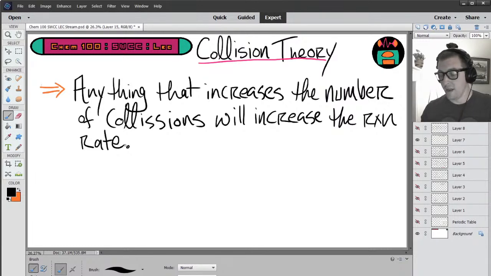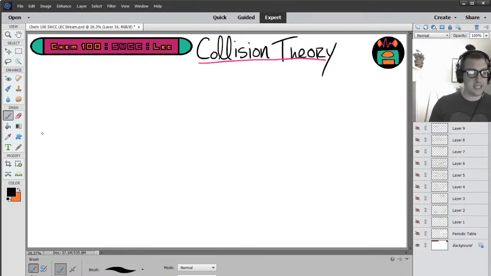All right, so let's think about what we can do to increase the number of collisions. The first place I'd like to draw your attention is concentration.